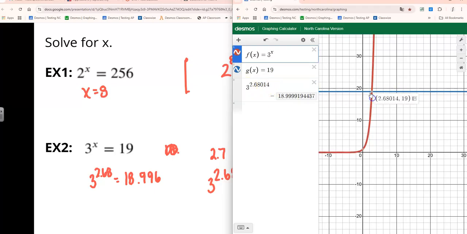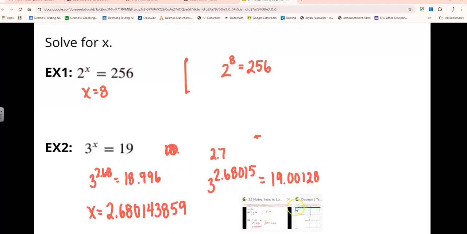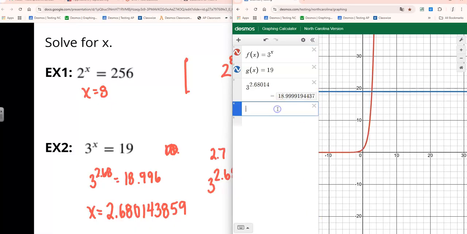So this has its limitations because technically, because I know more than you right now, what we should get is 2.680143859. Let's just try that to see how close it is. Even that number is rounded, but it might be close enough.